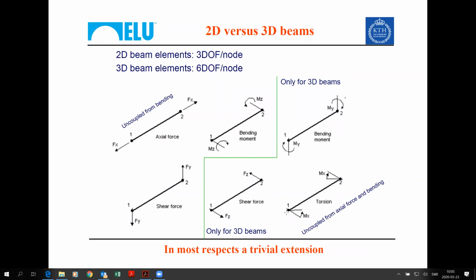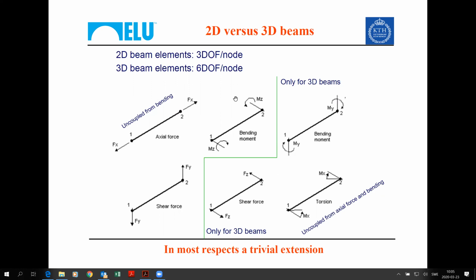Before taking a break, let's discuss 2D beam elements versus 3D beam elements. The 2D beam elements, the ones that we have been discussing, have 3 degrees of freedom at each node: 1 axial displacement, 1 vertical displacement, and a rotation theta.